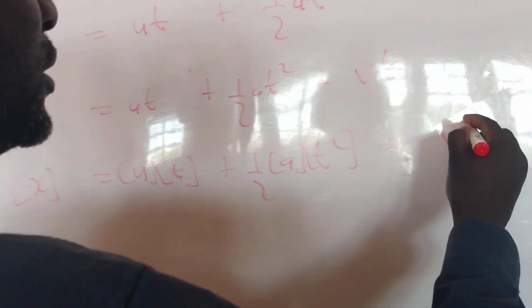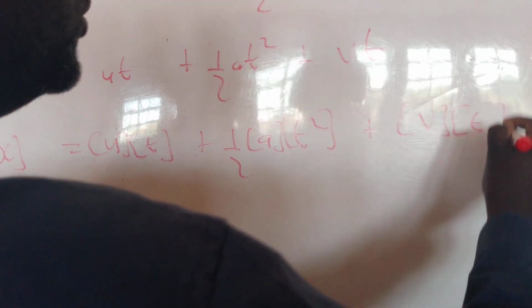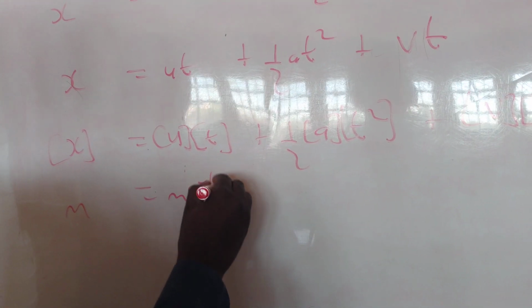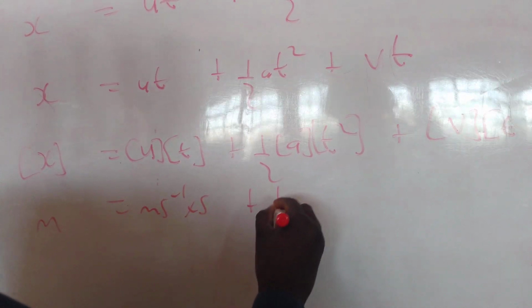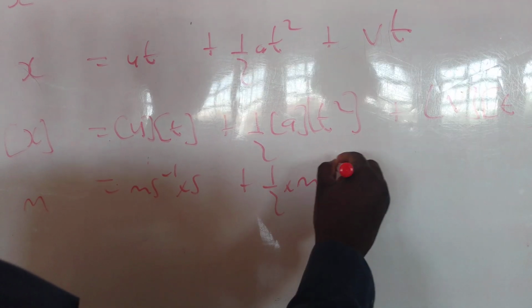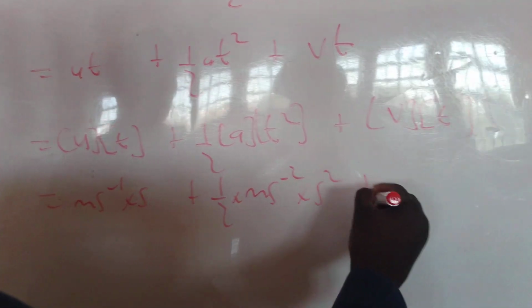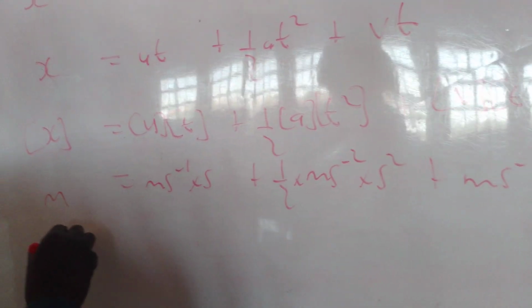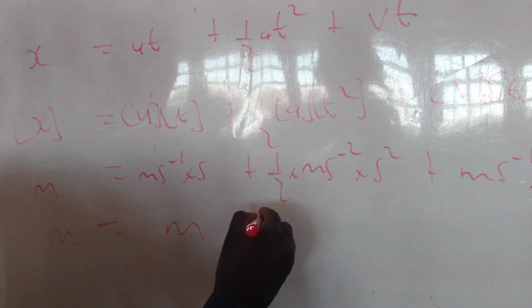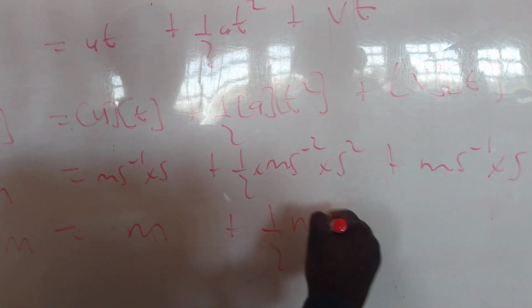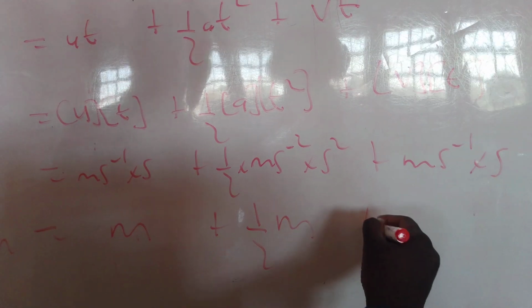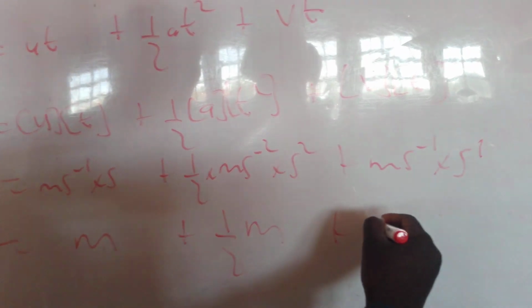It is homogeneous because this reduces to meters per second times second plus half times meters per second squared times second squared plus meters per second times second. So this becomes m plus half m plus m. S to the power minus 2 times s squared is 1. S to the power minus 1 times s is 1.